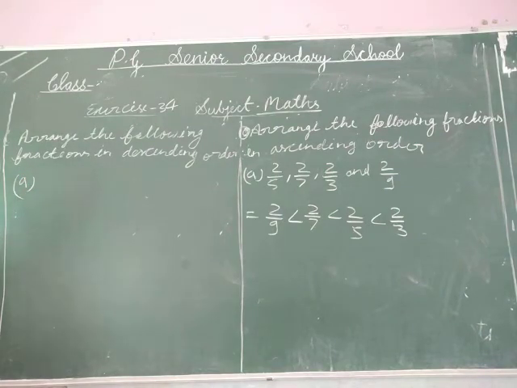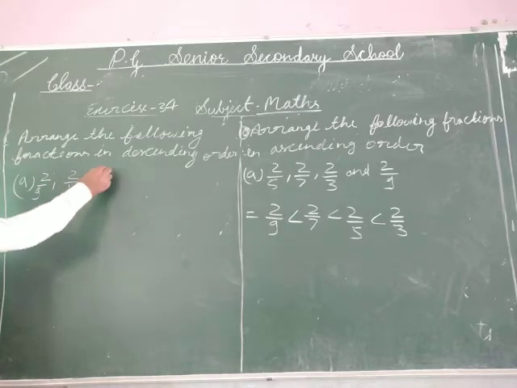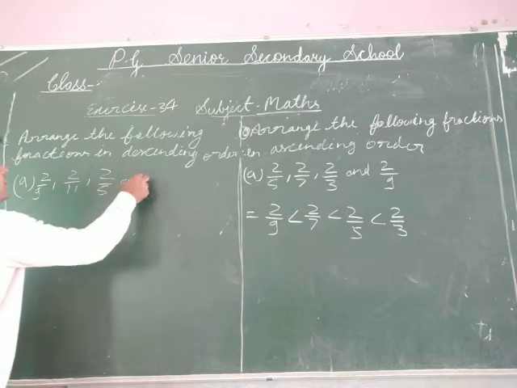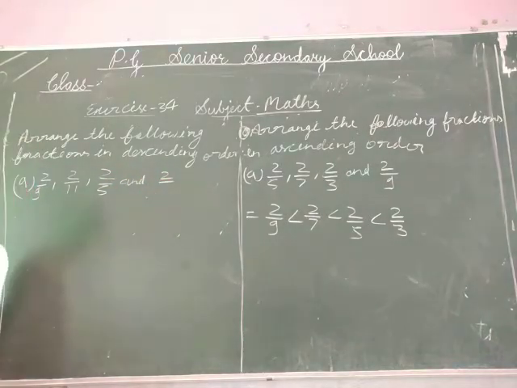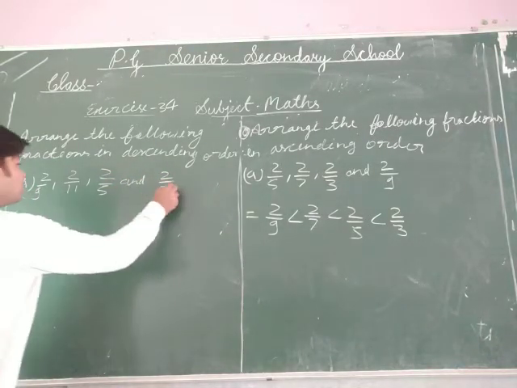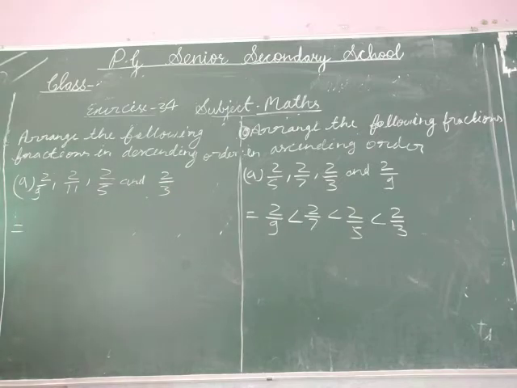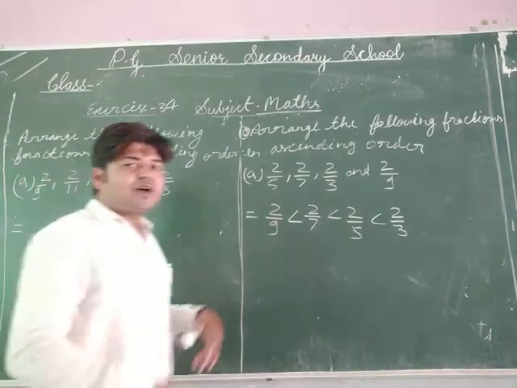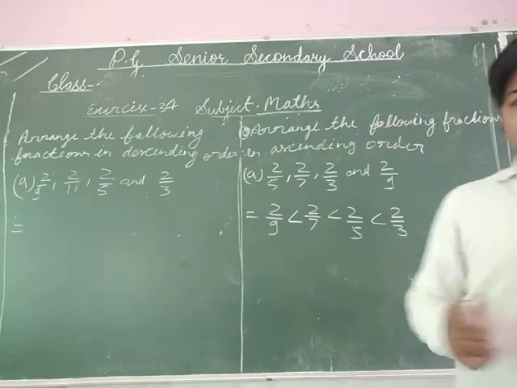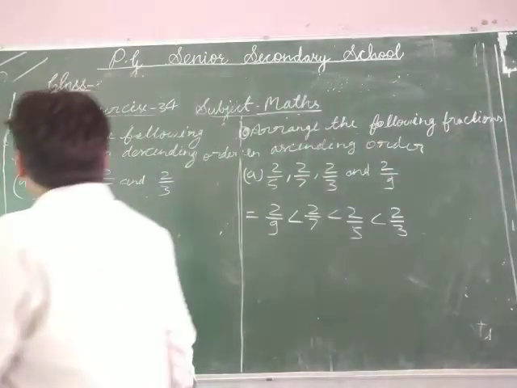What is the fraction? 2/9, 2/11, 2/5 and 2/3. Descending order means from greatest to smallest. So firstly we have to check which fraction is greater.